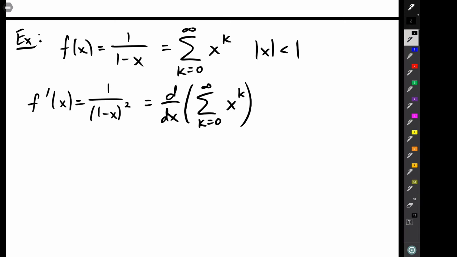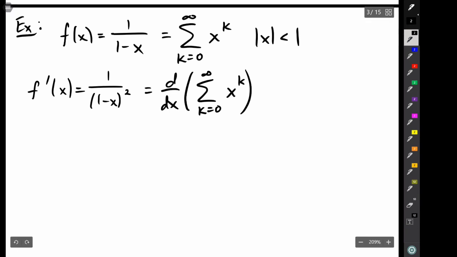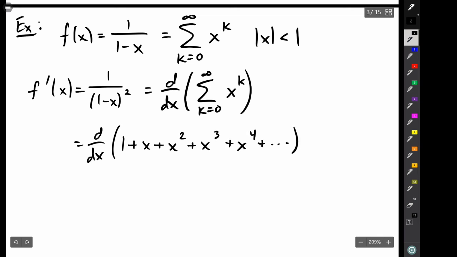Now, something that's a good idea here, I think you'll find as you do more of these, is to write out some terms of this series, just so you don't have to worry about messing around with the indices. So here I'm going to write out 1 plus x plus x squared plus x cubed plus x to the 4th, and so on.